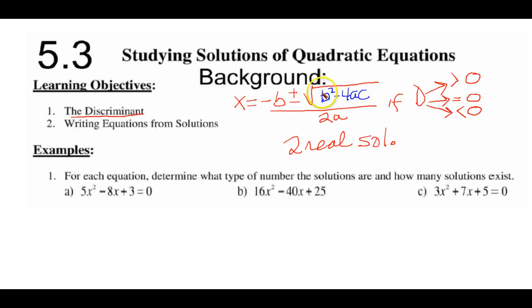Now, if this is a perfect square, these real solutions will be rational numbers. Now, if we have not a perfect square under the radical sign, like 11, then these solutions are going to be irrational.